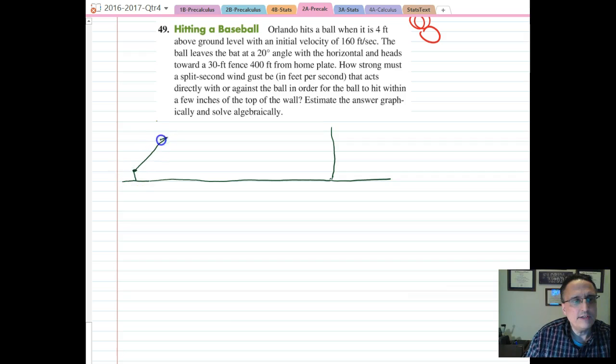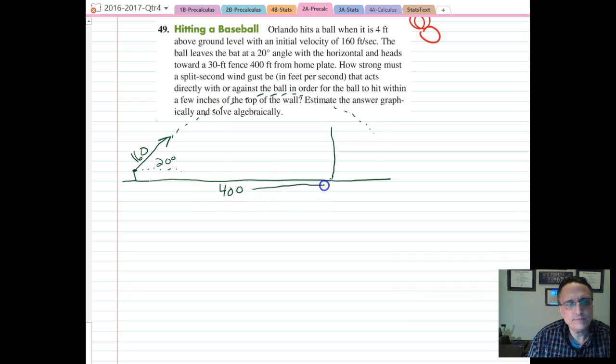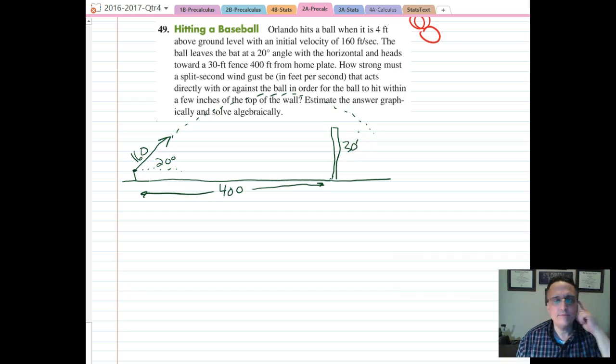The initial velocity vector is that right there, and it is 160 feet per second, and it makes a 20-degree angle with the horizontal. We know the trajectory of this baseball is going to look something like this. We know this distance is 400 feet. I also know the height of this wall here is 30 feet.